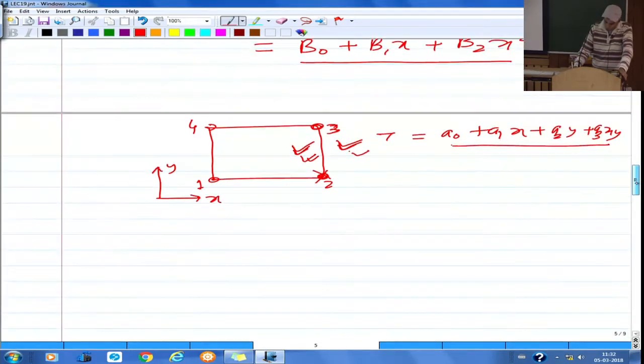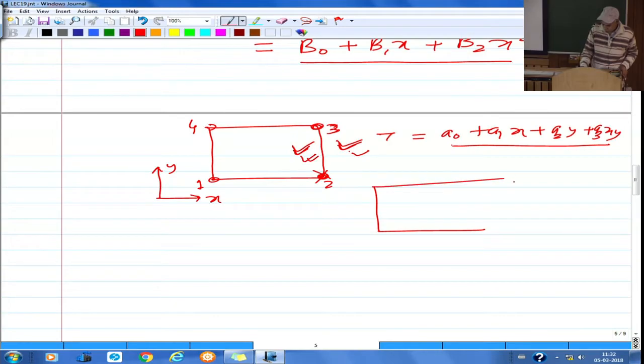But now I had specifically said that if we want this quadrilateral type, it has to be a rectangle to satisfy this. Now let us say rather than talking of a rectangle, I make one of the edges a general quadrilateral, let it even be like this.